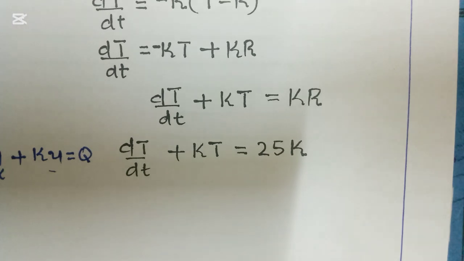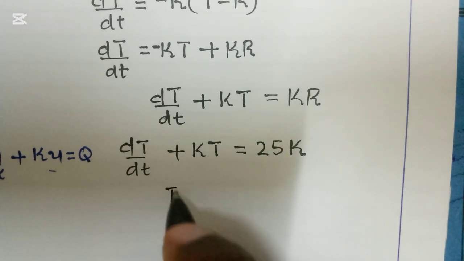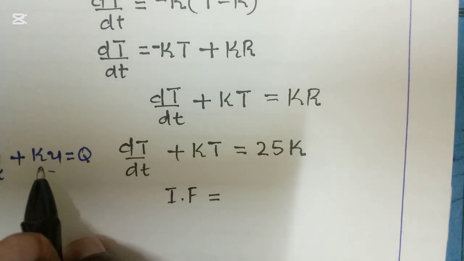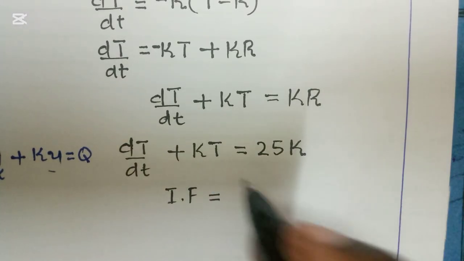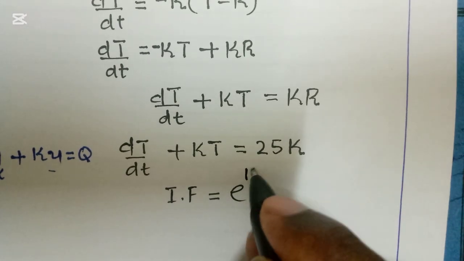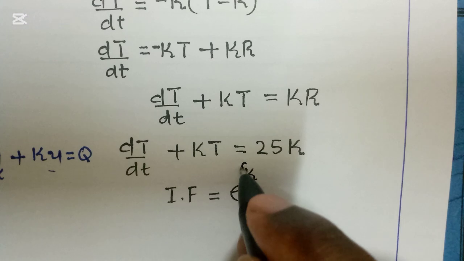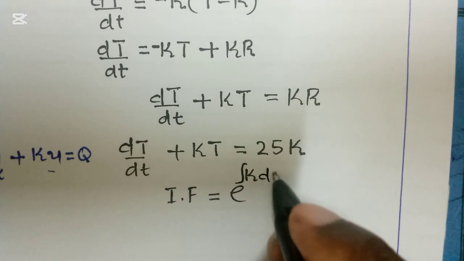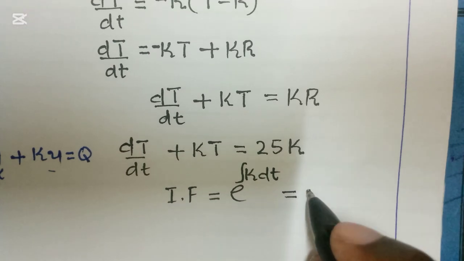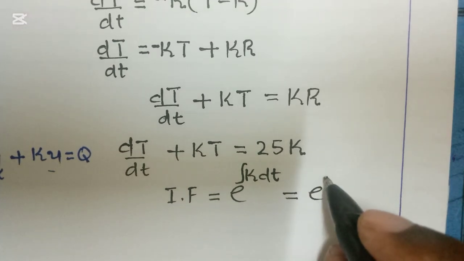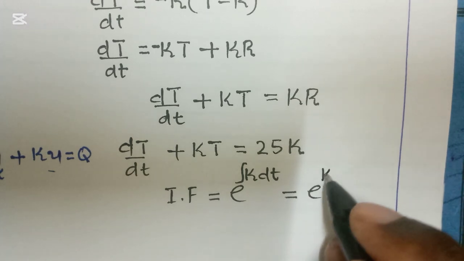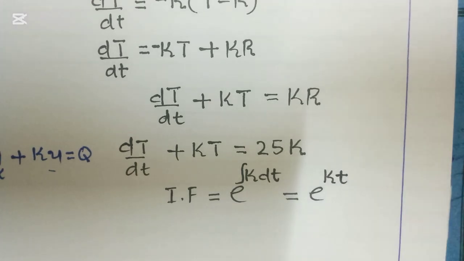The integrating factor will be e raised to the integral of k dt. The integral of dt is t, so this gives us e raised to kt.